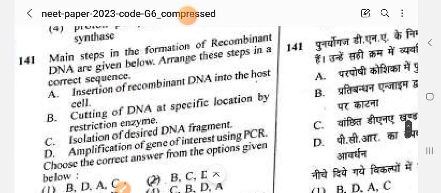So the main steps in the formation of recombinant DNA are given. Arrange these steps in sequence.